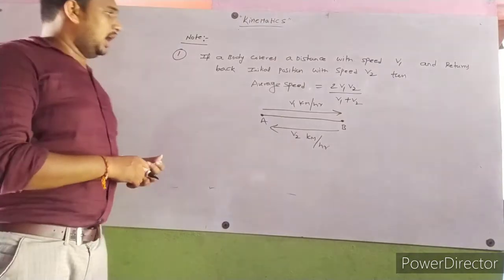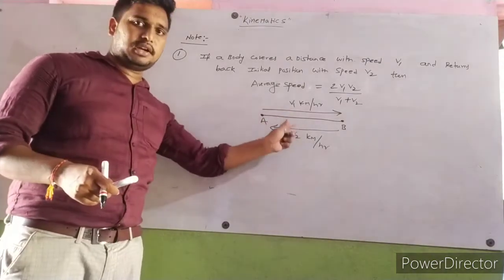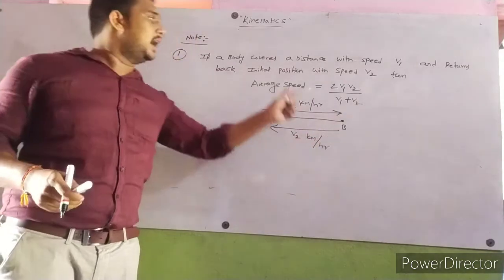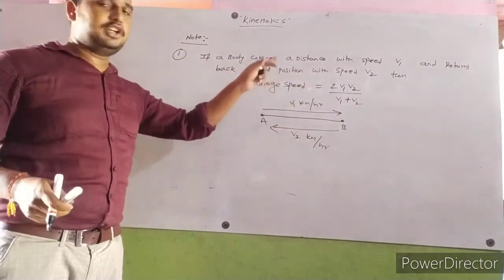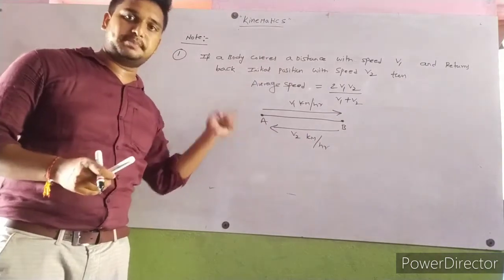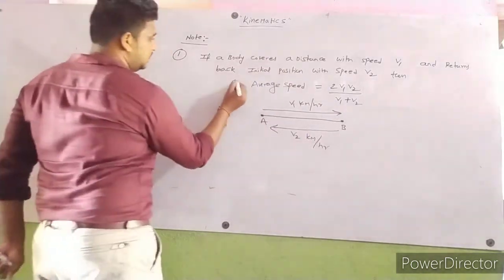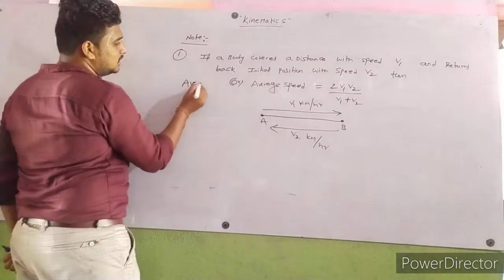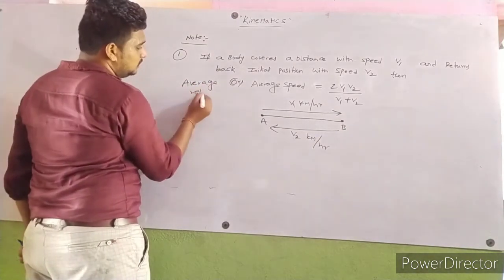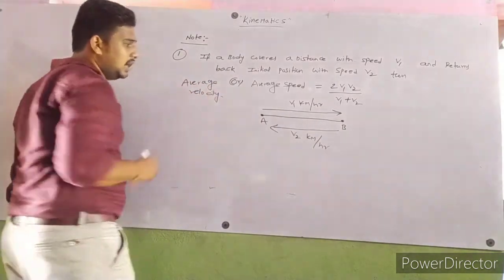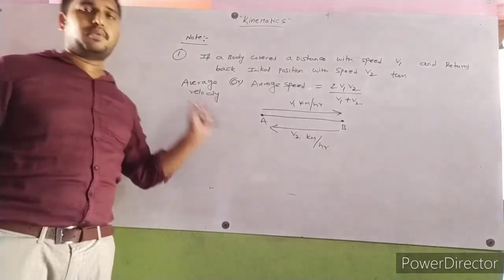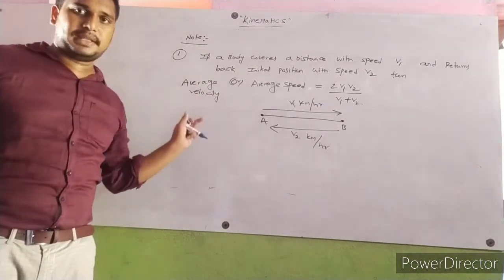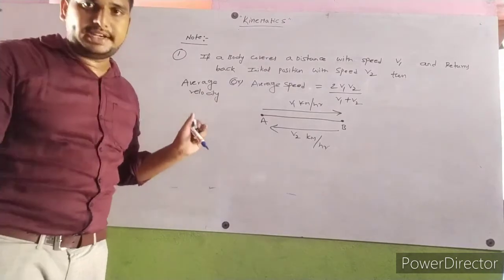And when half of the distance is covered in V1 and half of the distance is covered in V2, at that time also we apply the formula 2V1V2 by V1 plus V2. For average speed or average velocity, it is this formula only. This is a very important formula. Just apply it and we can easily solve any type of question.